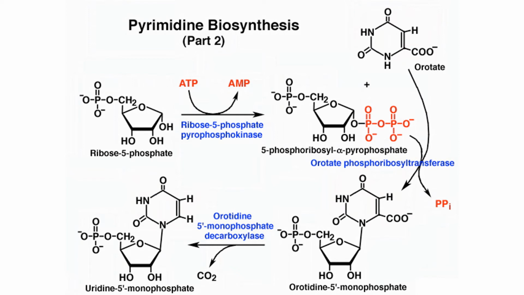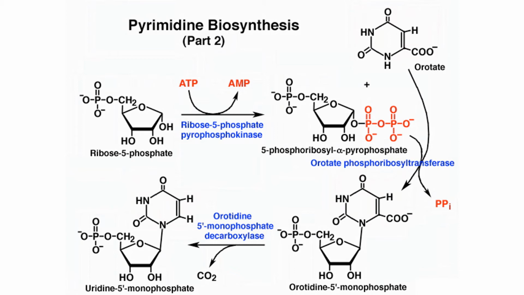So in the second step, the pyrophosphate group from carbon 1 is replaced with an N-glycosidic linkage between orotate and the ribose. So we have the orotate coming in, and it is then linked to carbon 1, and we get those pyrophosphates released.